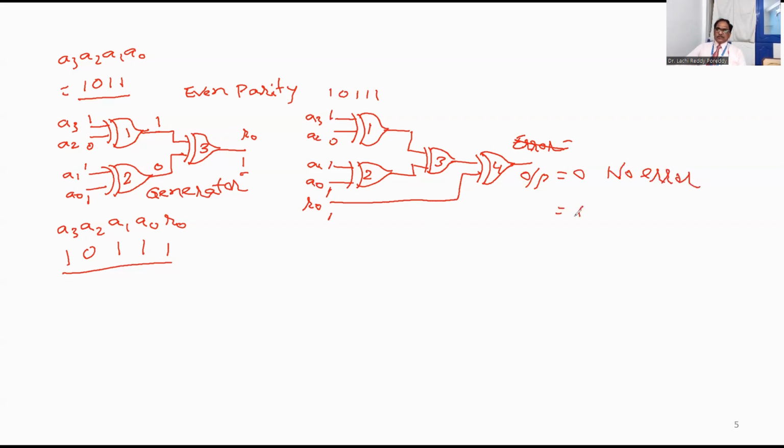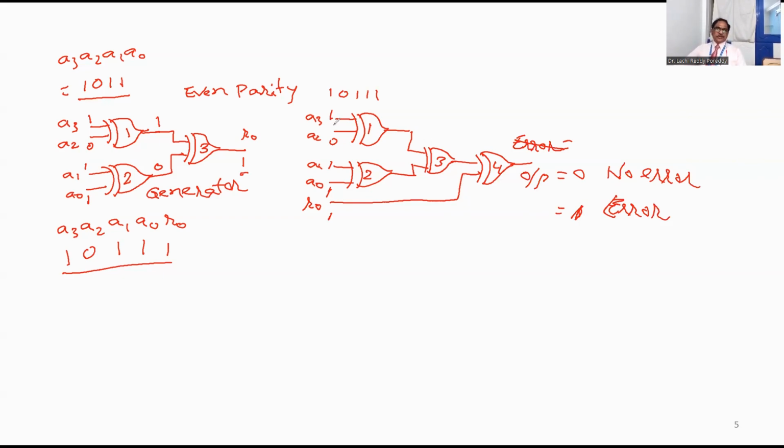Or if it is 1, then there is an error. So let us see whether we have any errors or not.